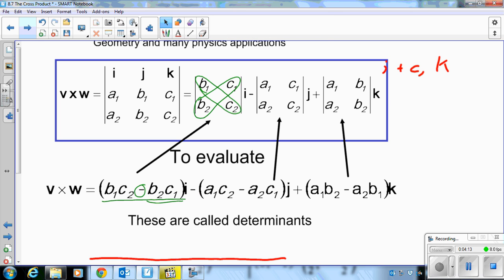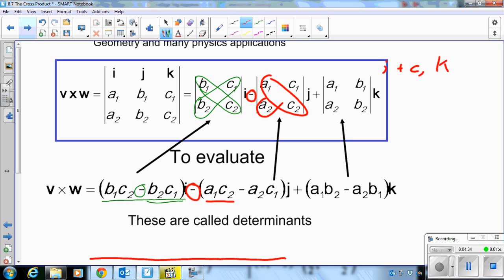Now remember, for the second one, you're always going to have this minus sign there. You always have to subtract the j component. So notice that it's a1 times c2 minus a2 times c1, and that's always the factor that you subtract away, the diagonals.